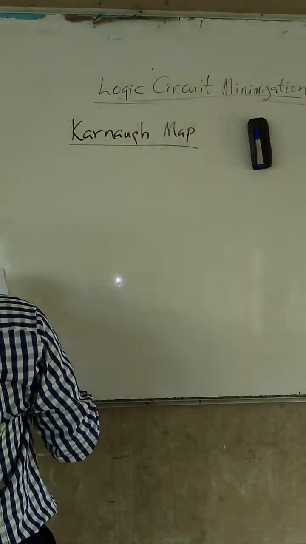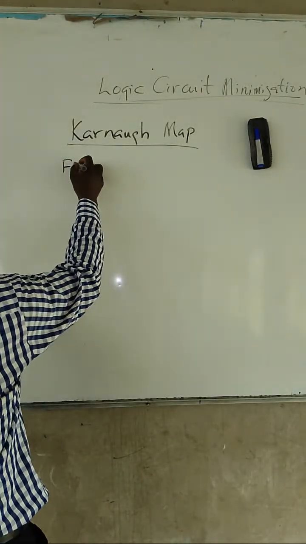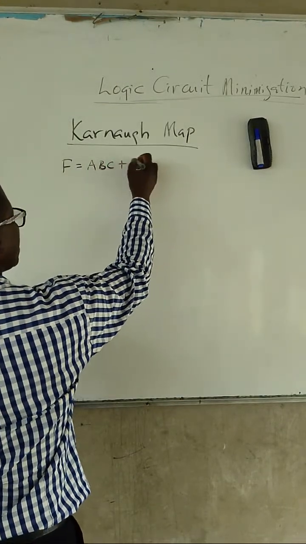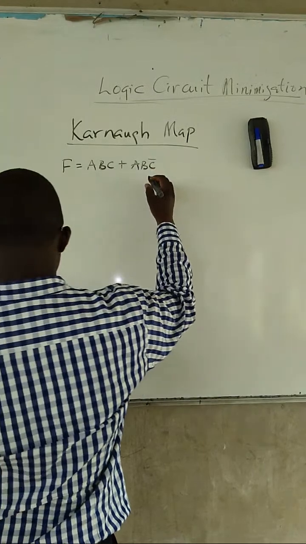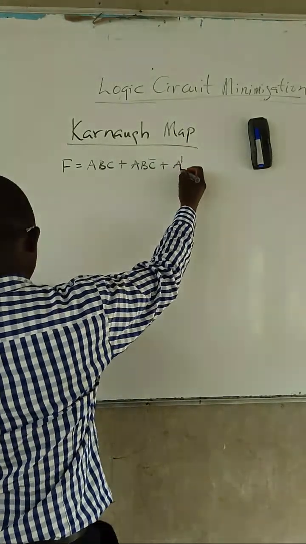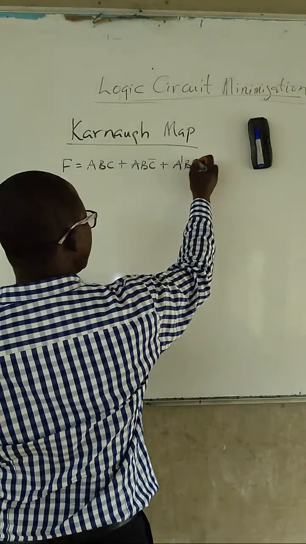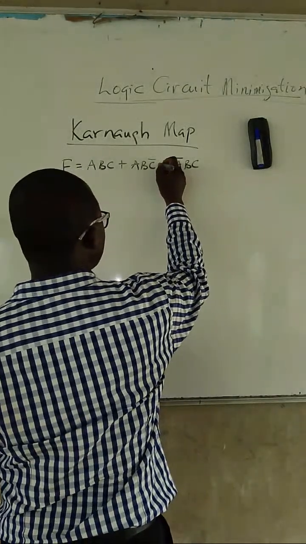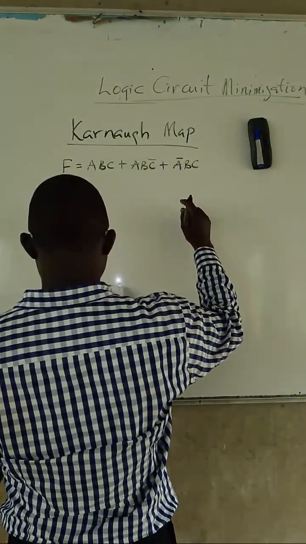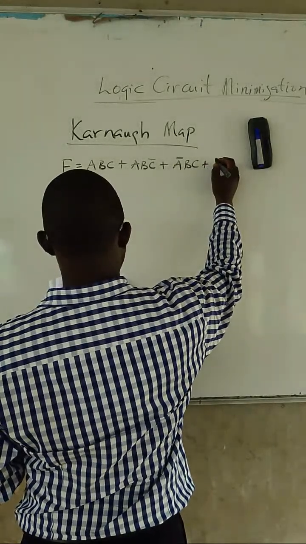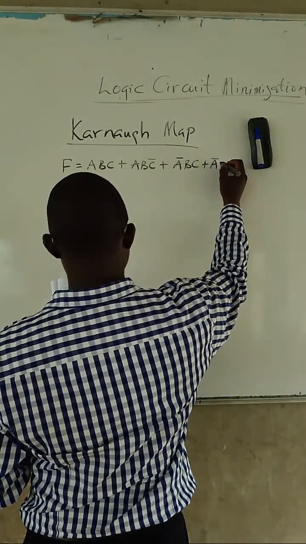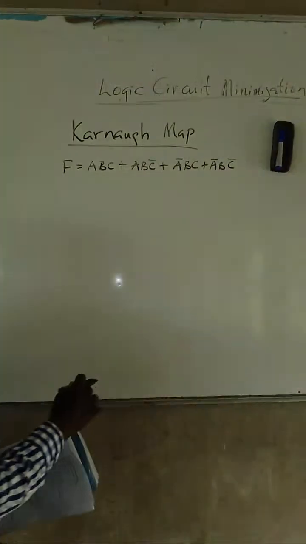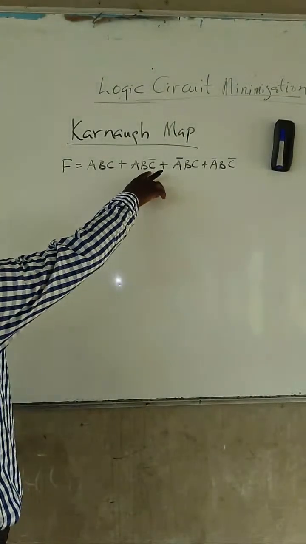So we have a combinational logic output written as this: F equals ABC plus ABC bar plus A bar BC plus A bar B C bar. Now, when I said our own notation, there are two ways to identify the bar.